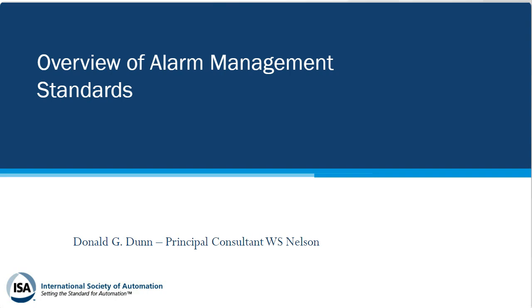Welcome, everyone. I'm glad y'all could join us today, and hopefully y'all will pick up some things about alarm management. What I'm going to be talking about is an overview of the alarm management standards that are out there and available to you. Specifically on the agenda, we're going to cover the importance of alarm management first.